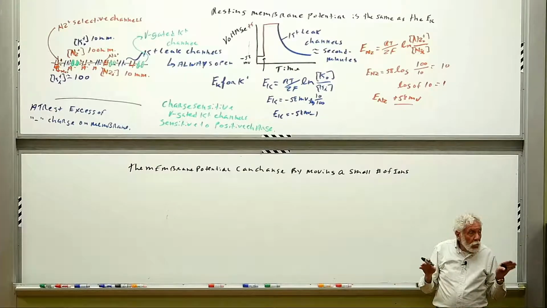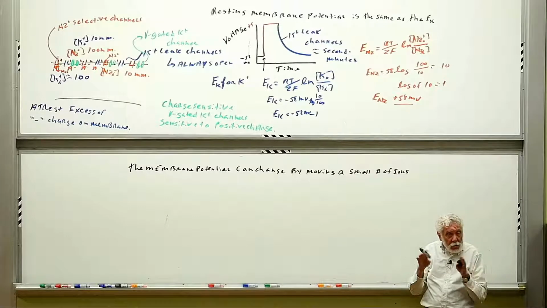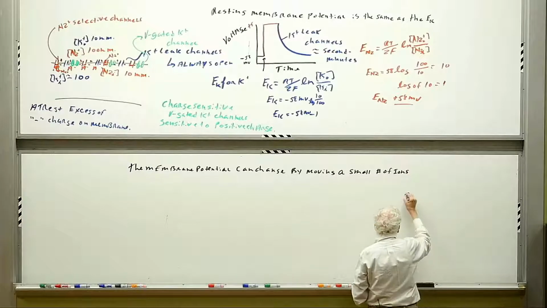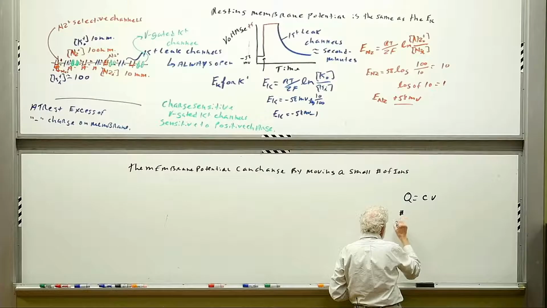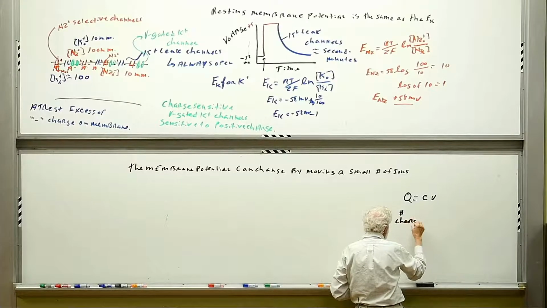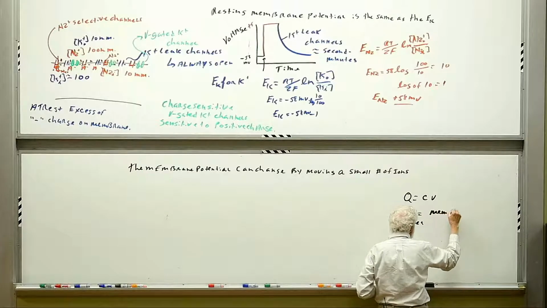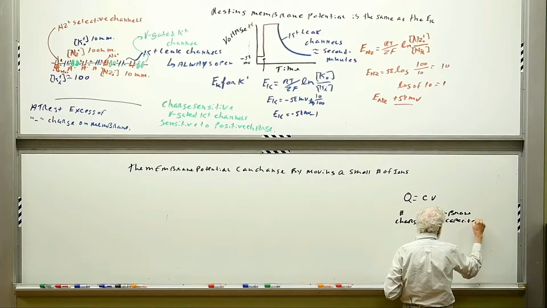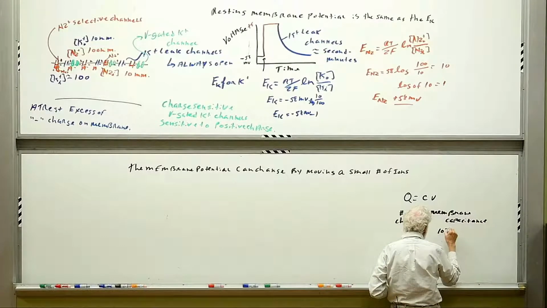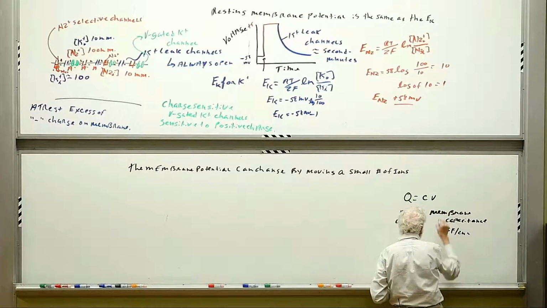Any of you who like numbers, I'll give you the numbers here. There's an exercise in the ebook to walk you through this, but it's an important idea that says Q is equal to CV, where Q is the number of charges and C is the membrane capacitance, which, by the way, is always 10 to the minus 6th farads per centimeter squared. And then times the voltage.